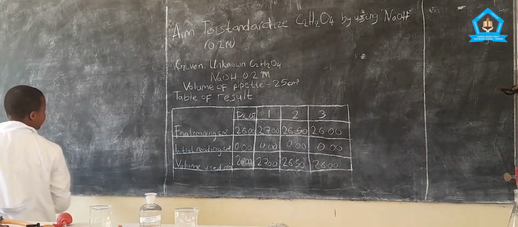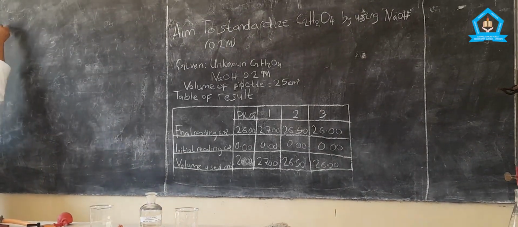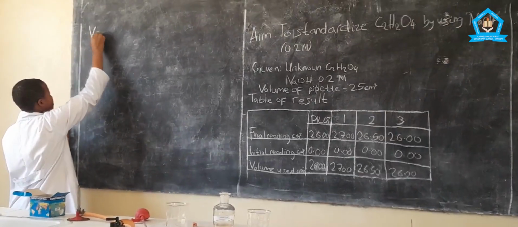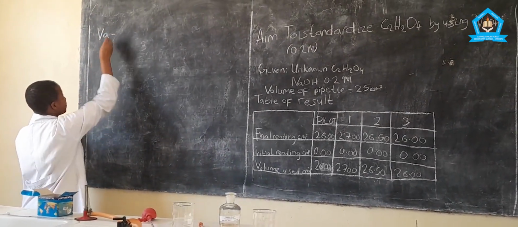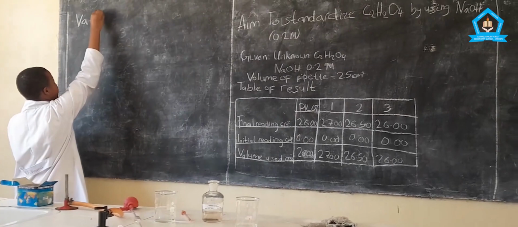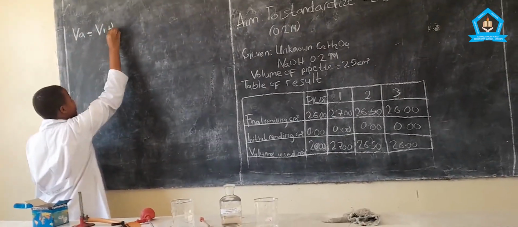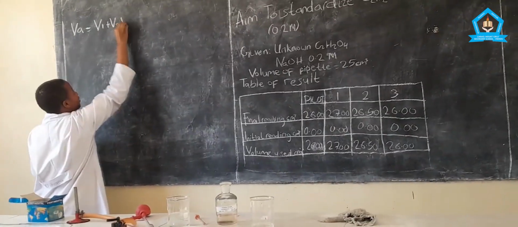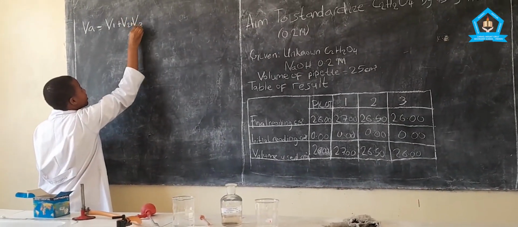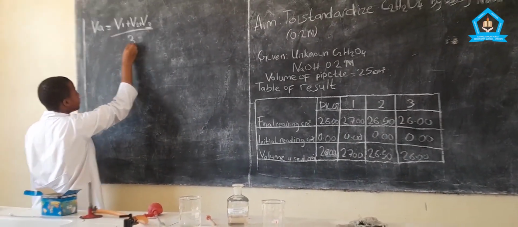The average volume is calculated by taking the sum of the first, the second, and third volumes divided by 3.